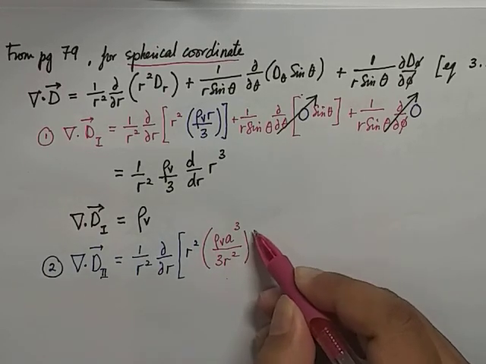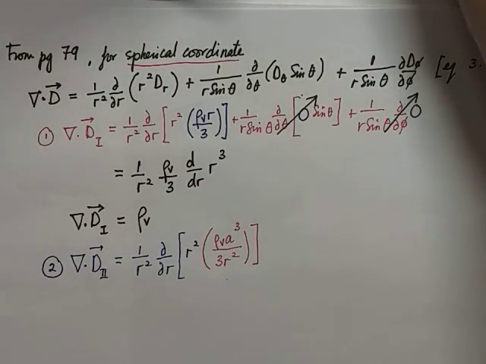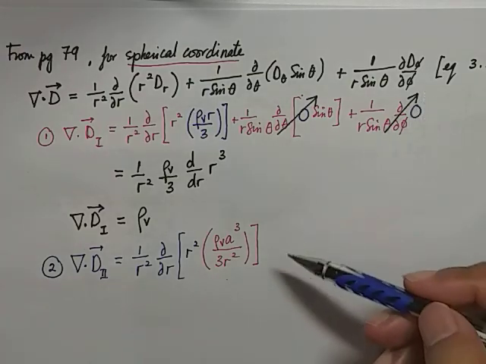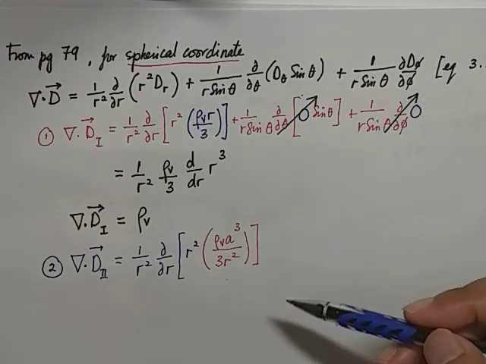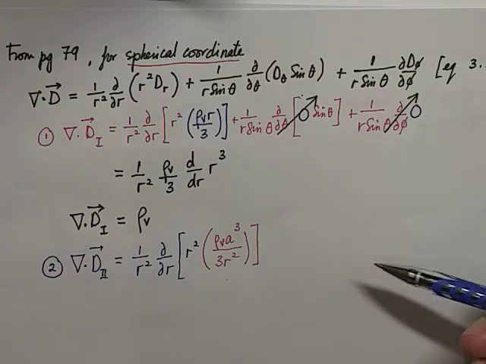Okay, that's the substitution. And then we don't have to bother about the theta component as well as the phi component, because similar to above, there's no theta and phi component of D in region number 2.